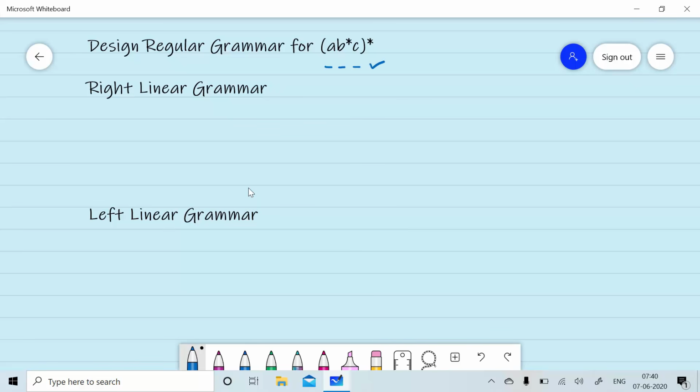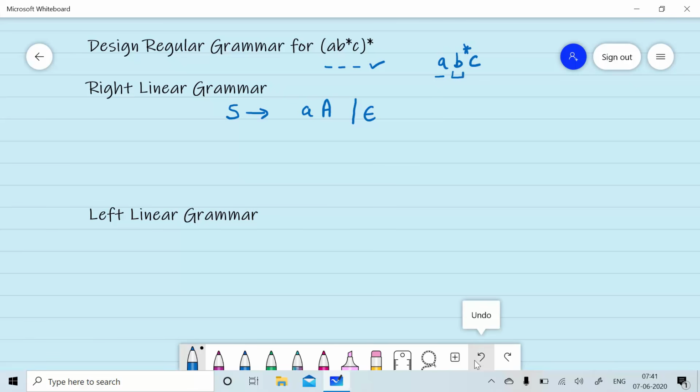Now we will design the regular grammar for (ab*c)*. So the minimum string is null. First we will design the right linear grammar. So S can give you null. Now there is one or more occurrence of ab*c. So the first symbol is a. It can be generated using S → aA.